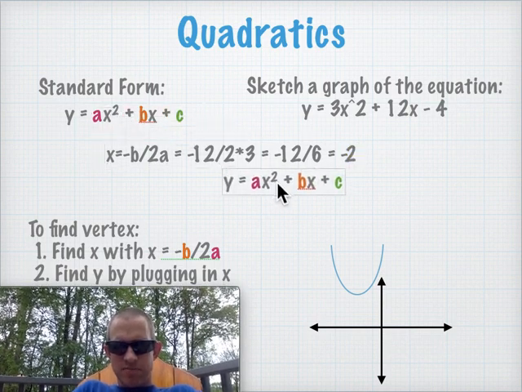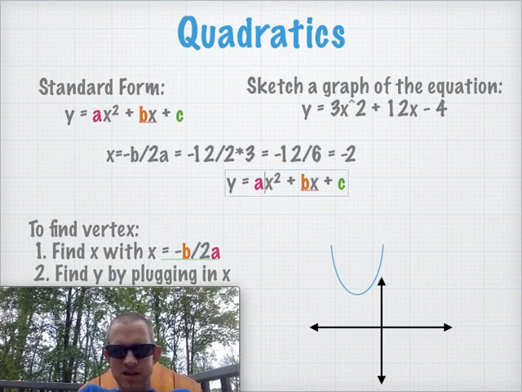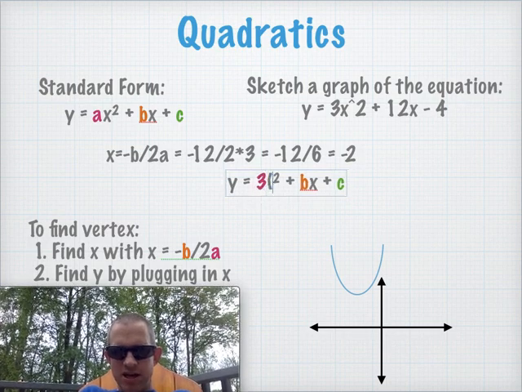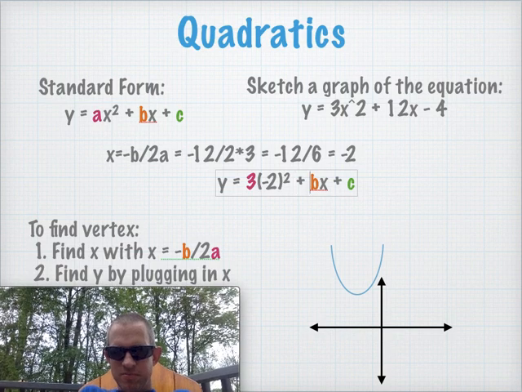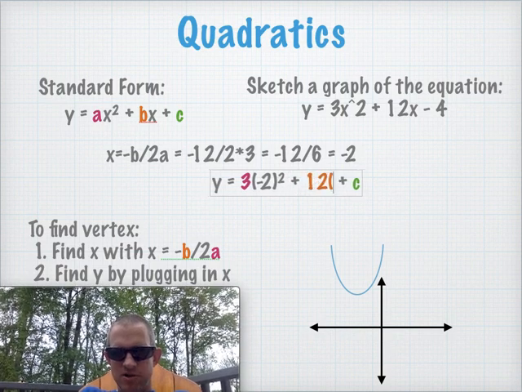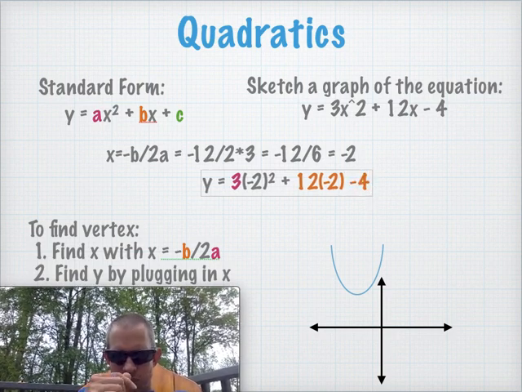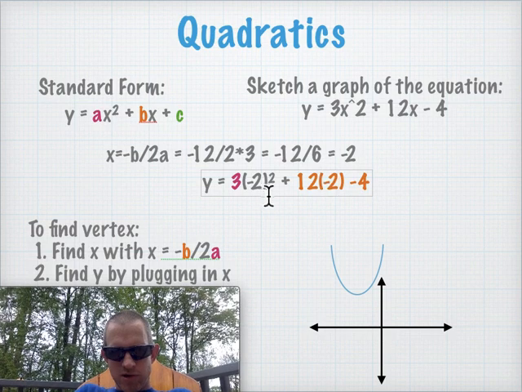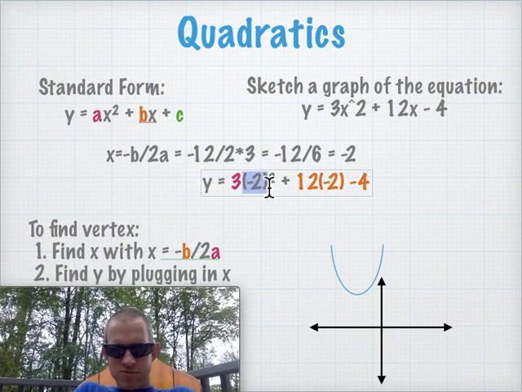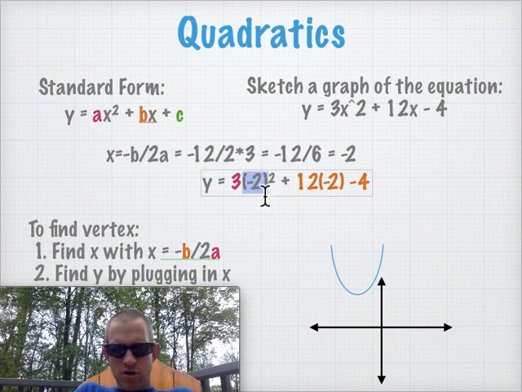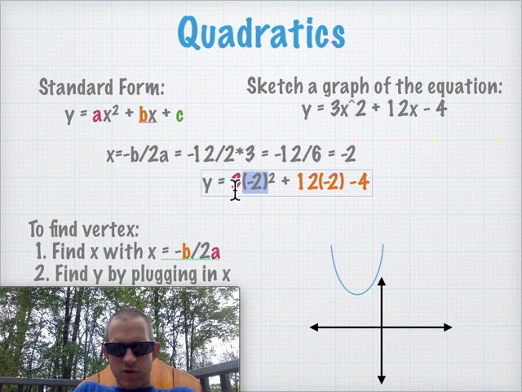And so why don't we do that a moment. A is 3. I'm going to put a negative 2 in here. B is 12. And again, I'm going to put a negative 2 in here. And C is minus 4. And sorry, the colors aren't going to work very nicely out. But we'll calculate what this gives us. Negative 2 times negative 2 is 4. 4 times 3 is 12.